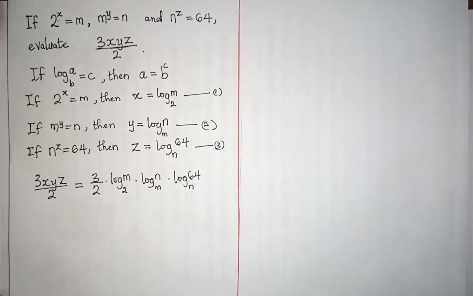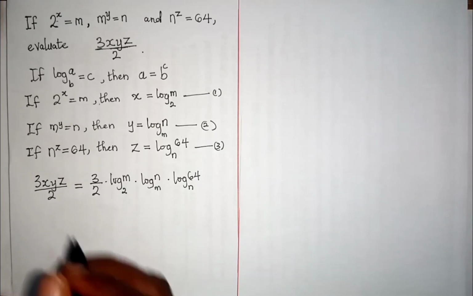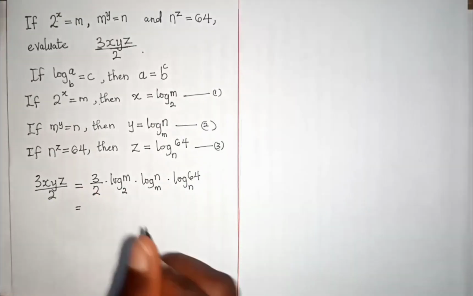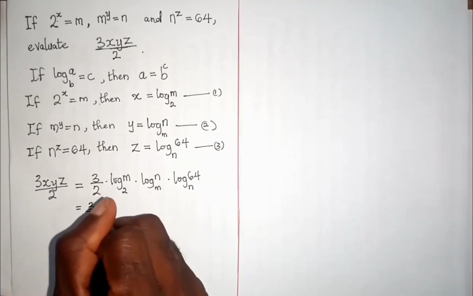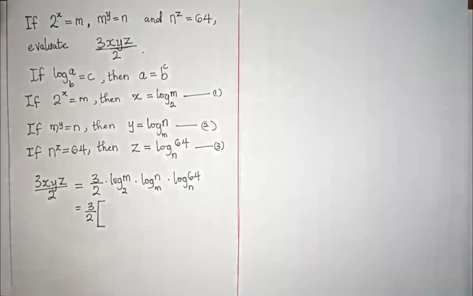Now, with this done, we are going to apply one very important law of logarithms, the law that has to do with change of base, in order to evaluate this. So this is going to become 3 over 2, then we open a rectangular bracket.